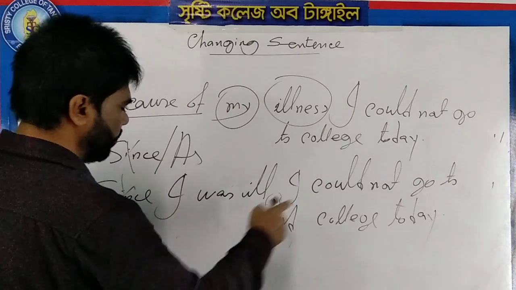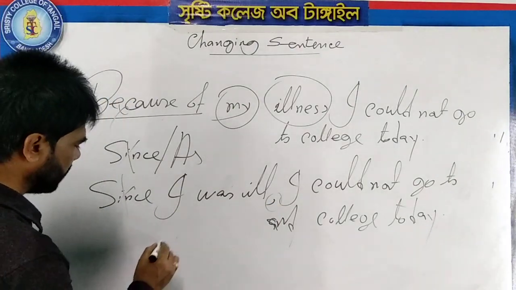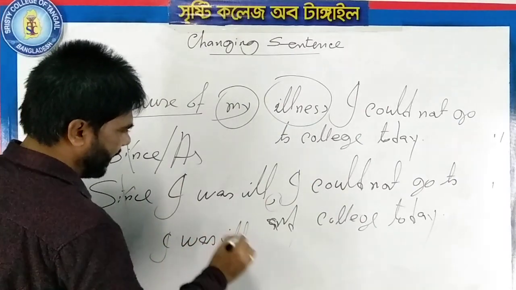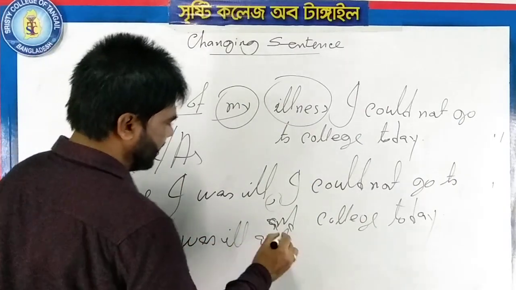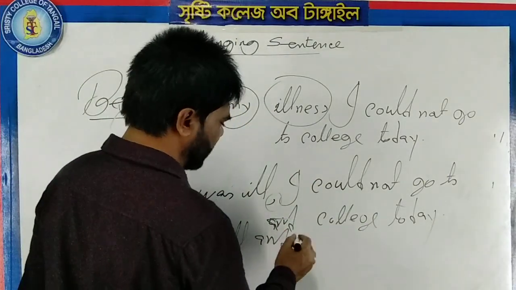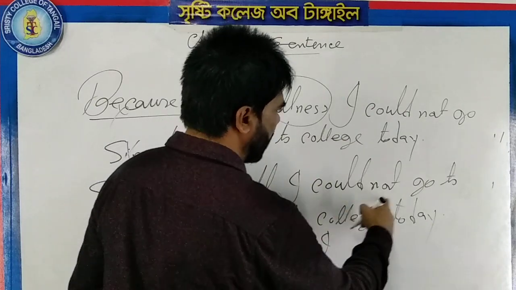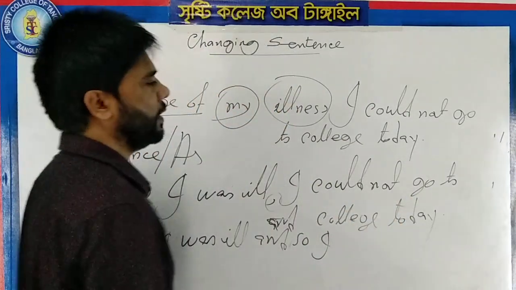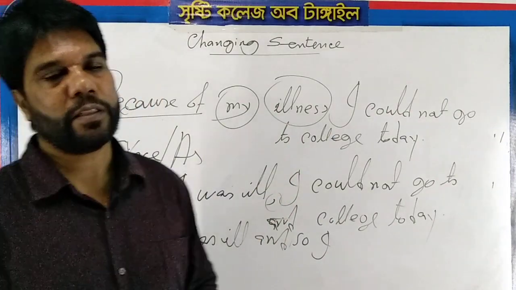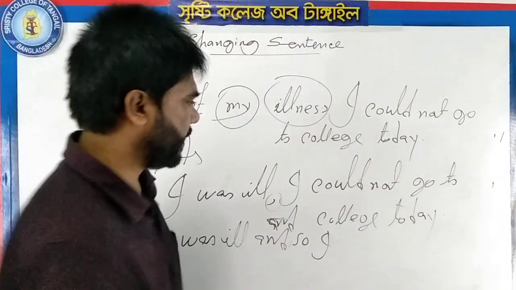So I am going to make it compound: I was ill, and so I could not go to college today. Yes, if you follow these kinds of rules, your answer will be okay. Got it? Yes, I think you got it.